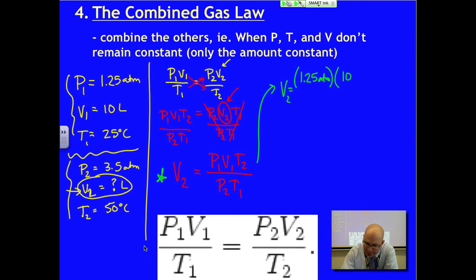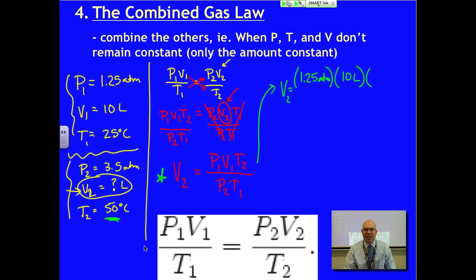V1 is 10 liters, and T2 is 50 degrees Celsius. I cannot put in Celsius. You can never put in Celsius when you're solving the combined gas law. You must use Kelvin. I said that earlier in the chapter, and I'm reminding you now: use Kelvin always.